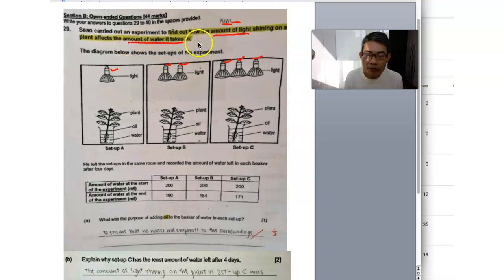So, remember the formula for photosynthesis? You have your carbon dioxide, plus water. Here's where water comes in. In the presence of light and chlorophyll to give you oxygen as well as your food.